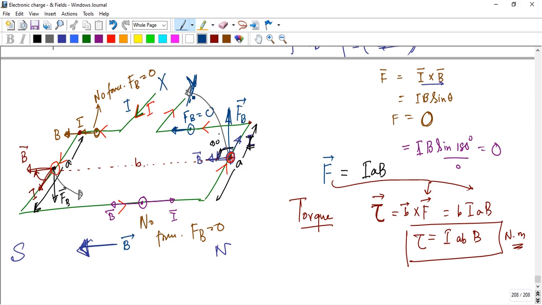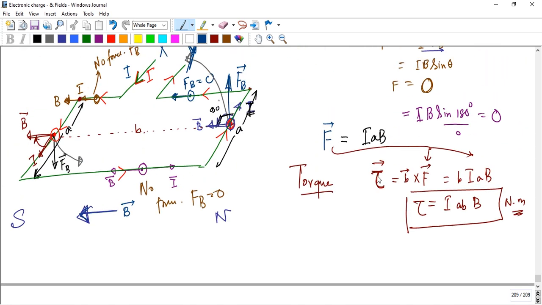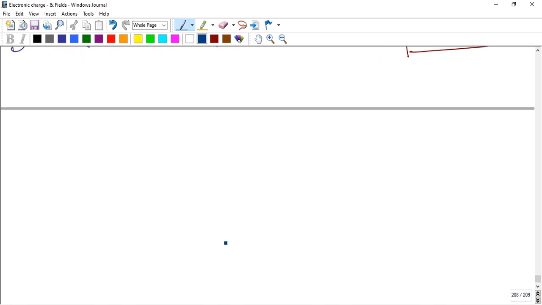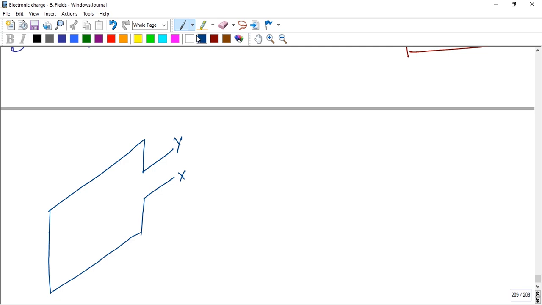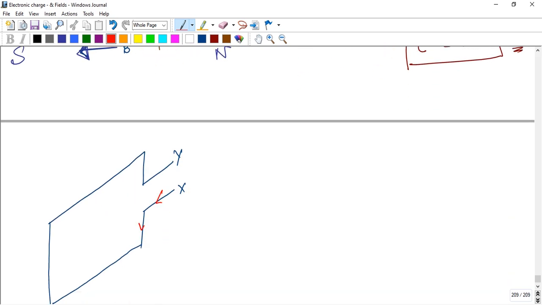After the rotation, X goes downward and Y goes upward, like this. The diagram changes in the anti-clockwise direction. Here the current direction is the same.